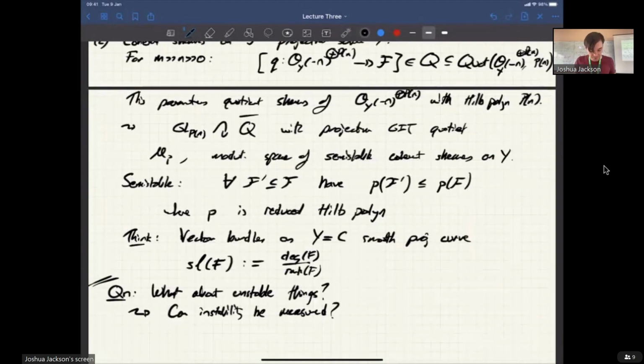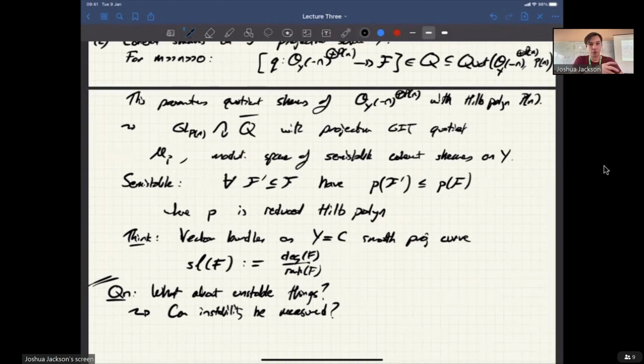Okay. I'll just leave that up for a second while I talk about what's going to happen next. What I'm going to talk about next is something called the HKKN stratification, or maybe the instability stratification, which crops up in reductive GIT, and which is a way of measuring instability.